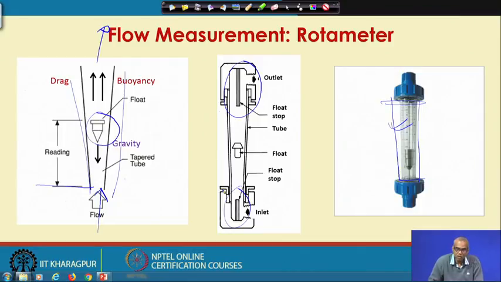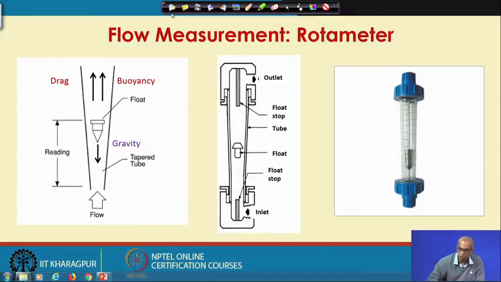So, this ensures that the float remains within the tube. So, the float will change its position depending on the flow rate. Higher the flow rate, higher will be the position of the float. Lower the flow rate, the float will come down. If the flow rate increases, the float will go up. So, these two float stops ensure that the float is always within the tube of the rotameter.